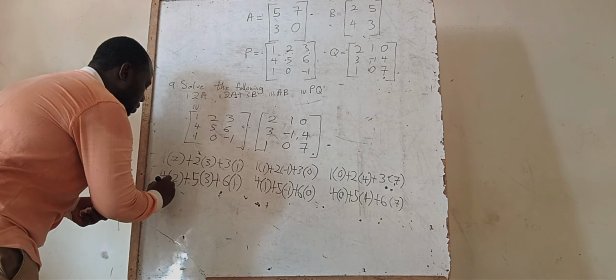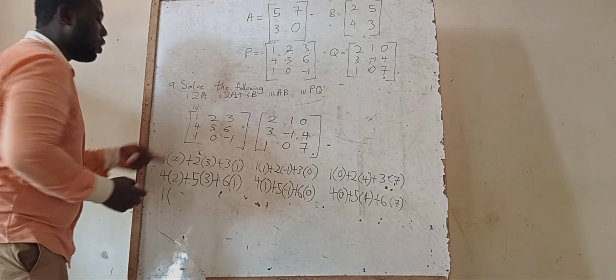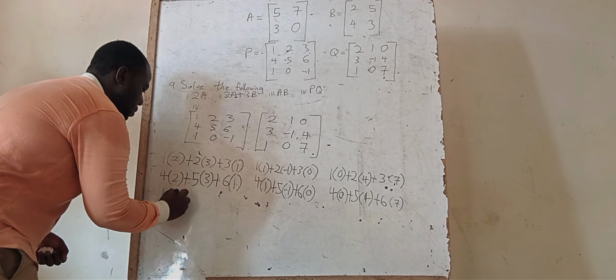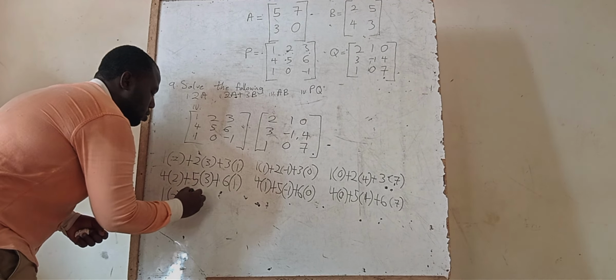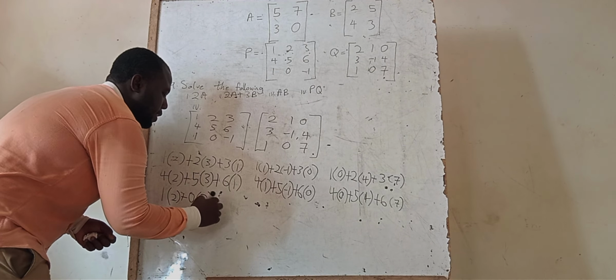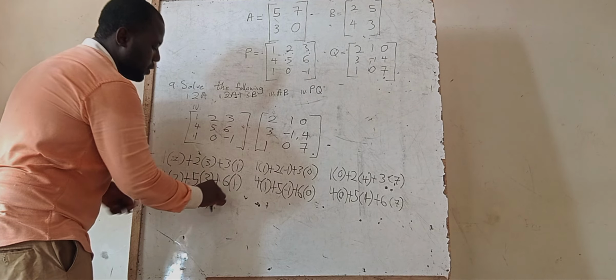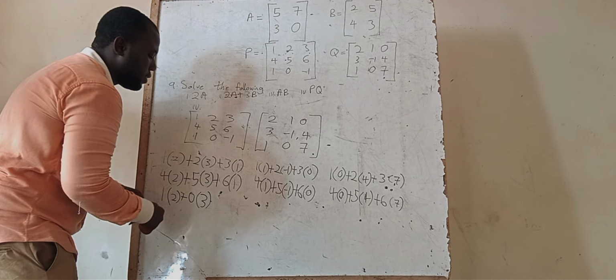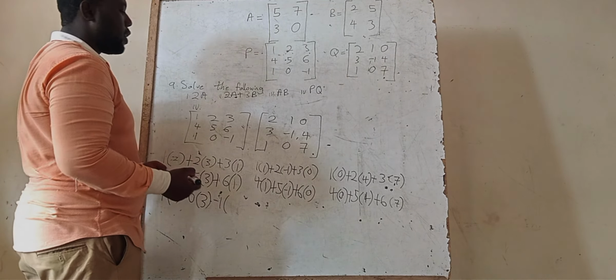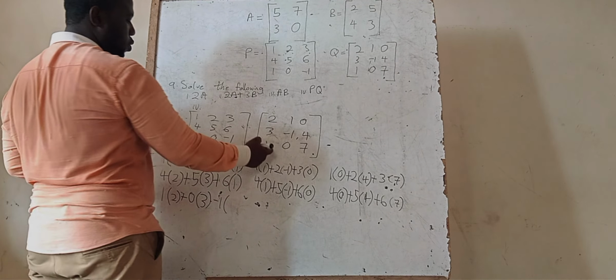You take 1, 1 will take on 2. You take 0, 0 will take on 3. And we take negative 1. Negative 1 precedes the plus, so we take negative 1. Negative 1 will take on 1.